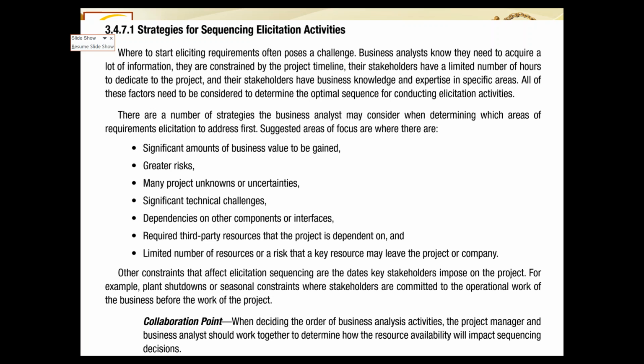We do understand that if a specific resource is not available at a specific time, then probably certain activities cannot be done. So rather than focusing only on the technical aspect of what comes next, we must also see, do we have resources for that? So for that, the project manager and business analyst may have to coordinate and collaborate.